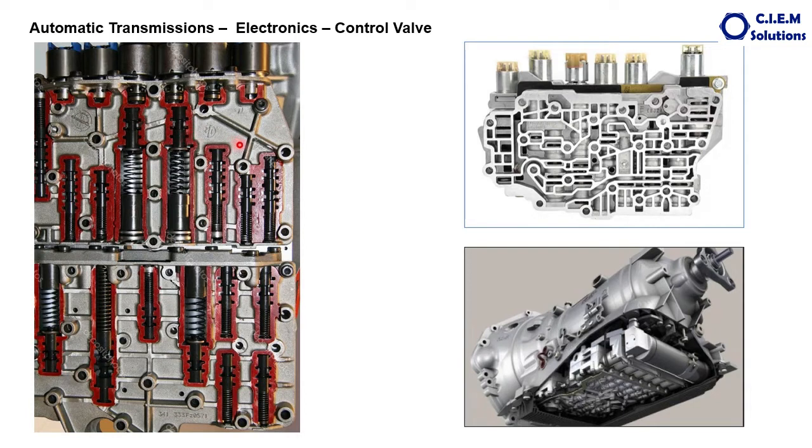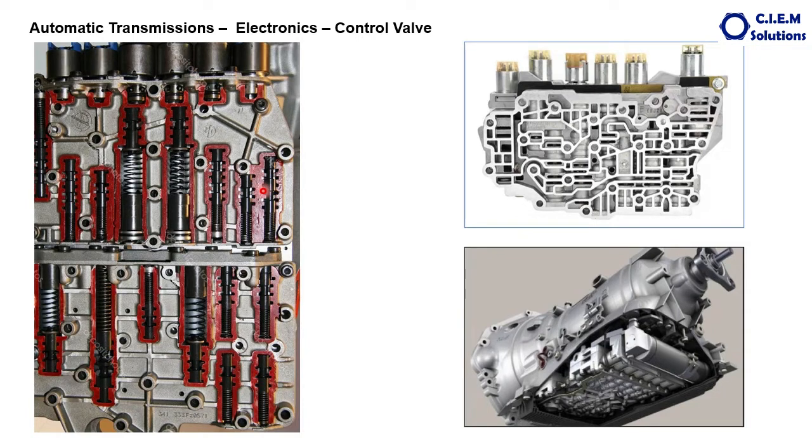The solenoids will work based on the current received from a special unit called the transmission control module, which I will explain in the coming slides. The transmission control module is considered the brain of the transmission.